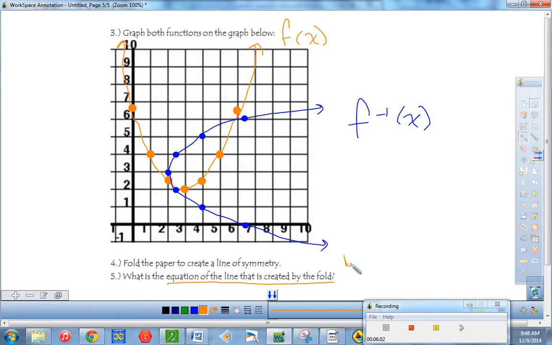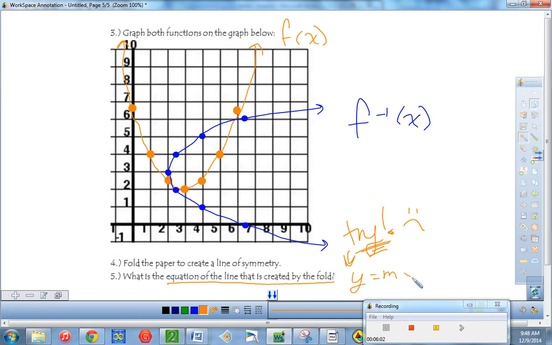You have to at least try this. Okay? If you don't try it, I'm not going to give you all your points. Okay? And that would make me sad. So, you need to see if you can figure out, actually take your paper and fold it somewhere so that these points line up with each other. Okay? And what would be the equation of that line?